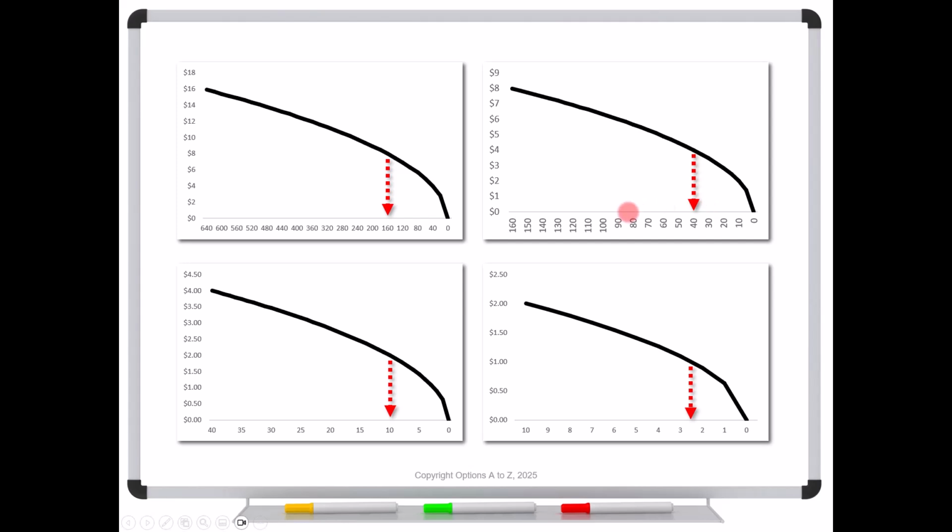So the biggest argument that I have with this is that traders just assume, because let's say that you buy it today with 160 days, that somehow this means that you're at the safe part of the time decay curve, and that looking forward that 40 days is dangerous. But now you can see the problem with it.